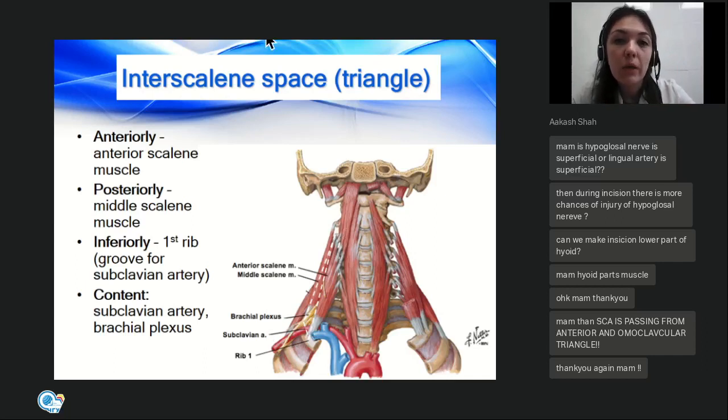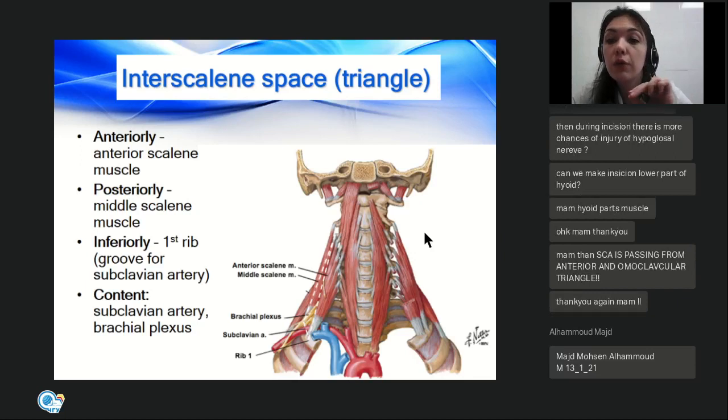So the interscalene space or interscalene triangle is bounded anteriorly by the anterior scalene muscle, posteriorly by the middle scalene muscle, and inferiorly by the first rib. When you studied the ribs, not all of you, but some studied, yes? On the first rib, on the superior surface, there is a tubercle for the anterior scalene muscle.